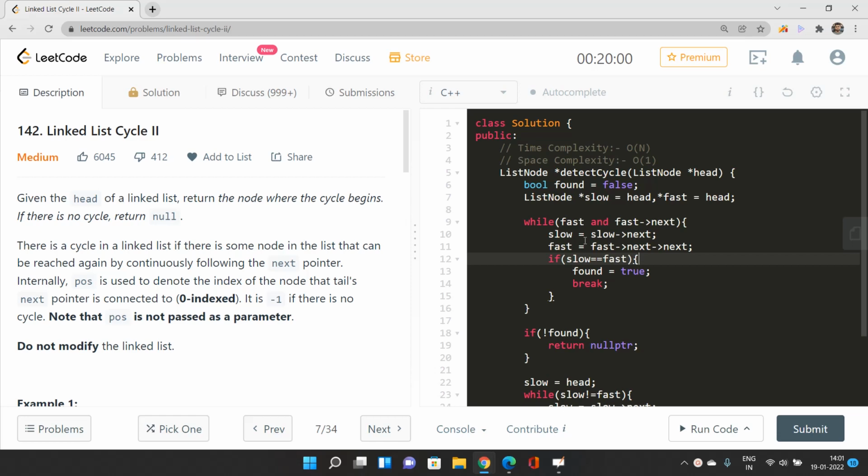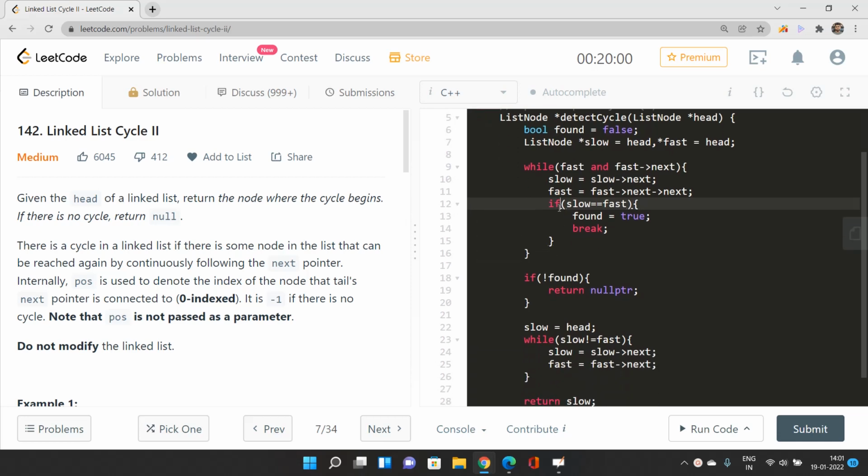This is actually the hare and tortoise algorithm, where the hare jumps by two steps and the tortoise moves by one, and they will eventually meet at some position if they are moving in a circle. So if the slow pointer is equal to the fast pointer, we will claim found as true and break. Yes, we have found the cycle because they are meeting at the same node. And if it isn't found, we are going to return nullptr.